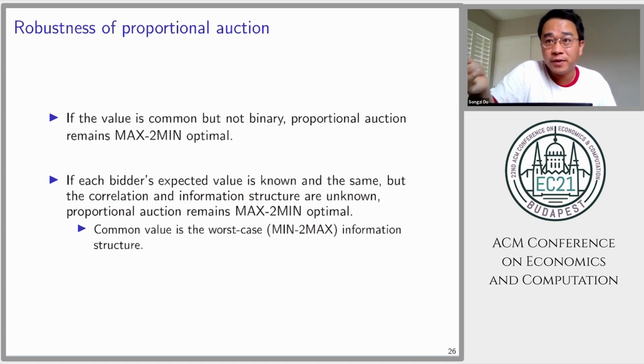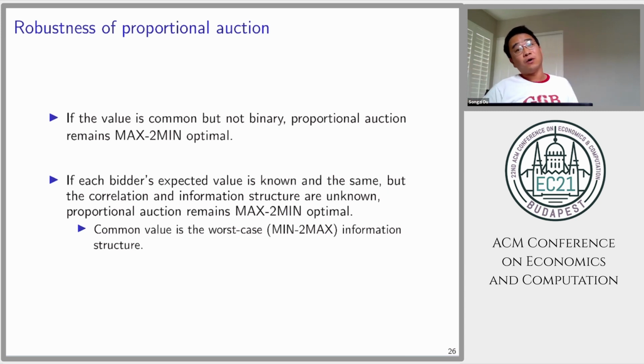It doesn't have to be common value at all. Still, proportional auction remains max to min optimal. And the common value information structure is in fact the min to max information structure. So that is the worst case in the min to max sense. So that's another sense in which it is a good idea to run a proportional auction.